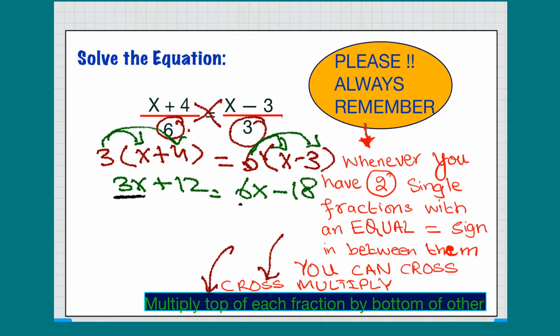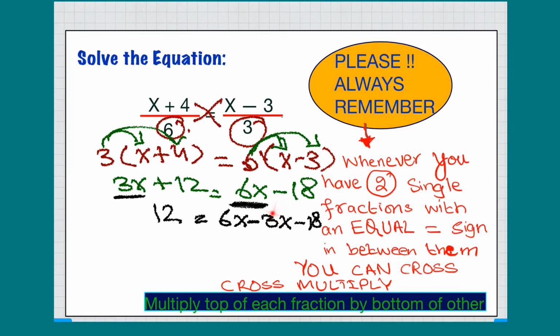It's positive 3x, it will change to minus 3x. 6x minus 3x gives us 3x. And this minus 18, I'm going to bring it to the other side with 12. 12 plus 18 gives me 30 equals 3x.